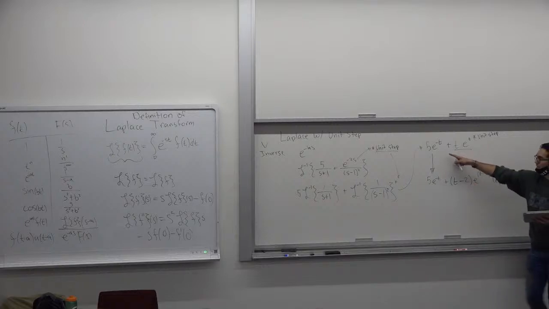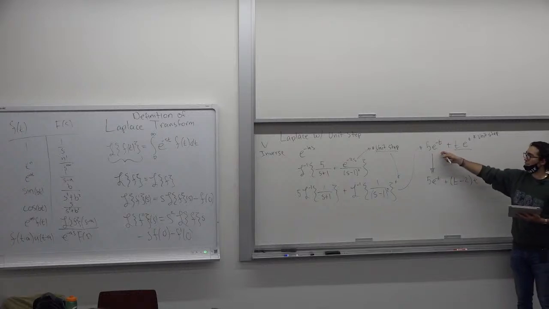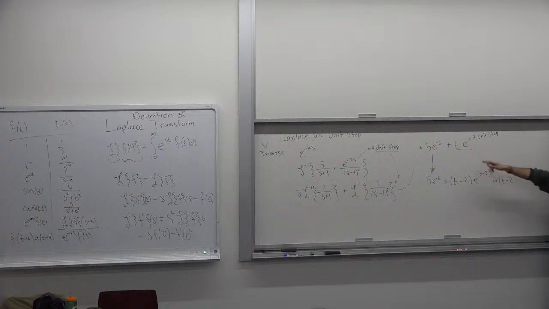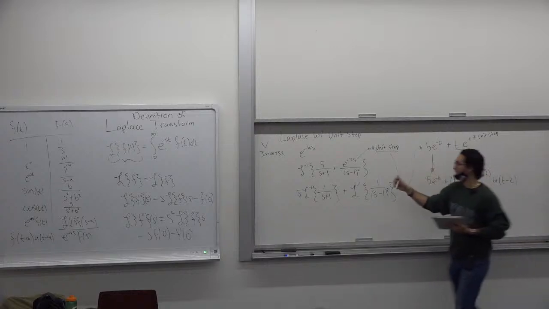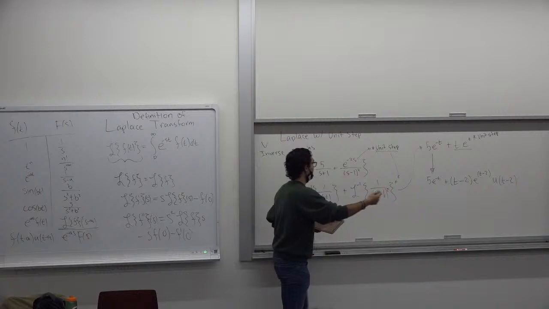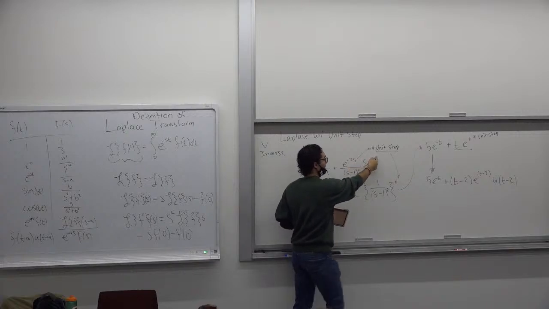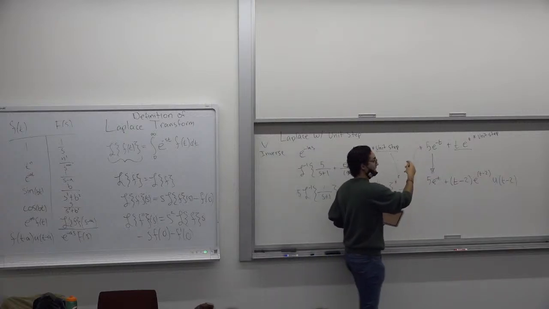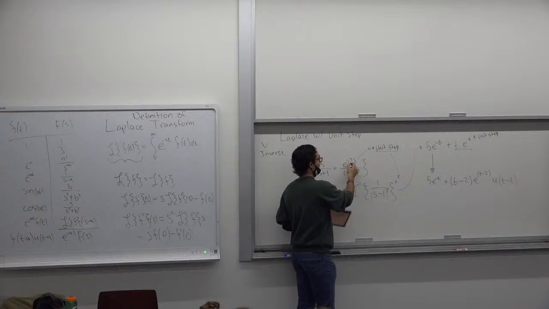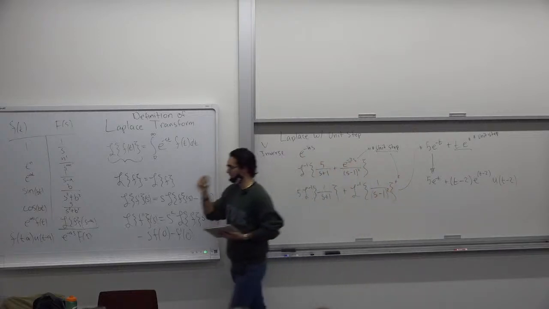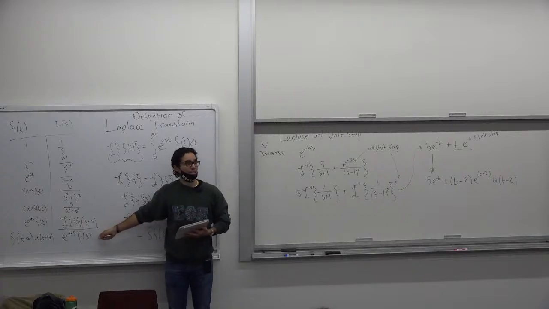So this first term is just the same because it's not a unit step. And then here we have t e to the t, and that comes from this term. This term has an e to the negative 2s, so you know it's a unit step. So everywhere we see a t, we're just going to plug in t minus a, which is t minus 2, because that's what our formula over here says.